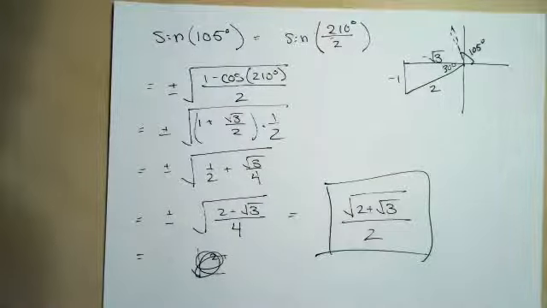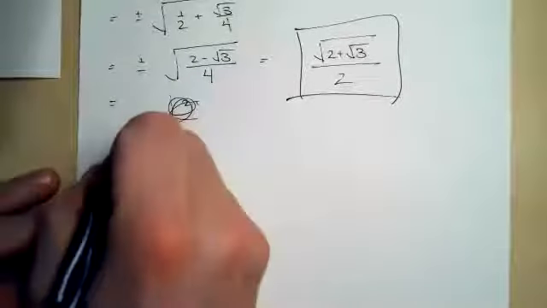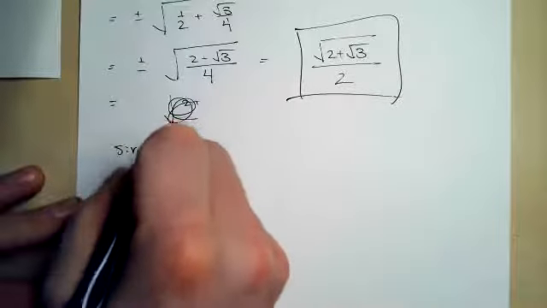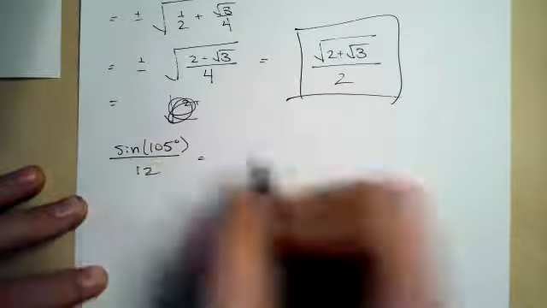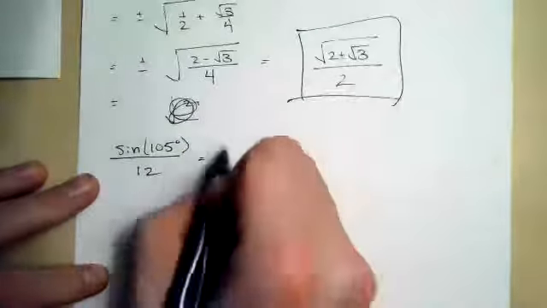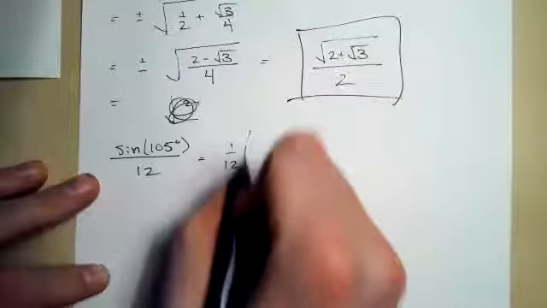If we saw it in this kind of context, now we can use that computation for our law of sines. So we had sine of 105 over 12 is going to be this guy divided by 12.